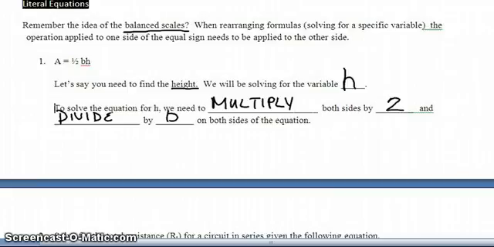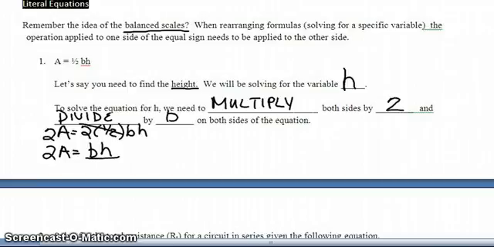First, we're going to multiply both sides by 2. So I have 2a equals 2 times 1/2 times b times h. I'm left with 2a on the left. 2 times 1/2 drops out, that's a 1, and I'm left with bh. Now I want to have h standing alone, so I need to eliminate the b.